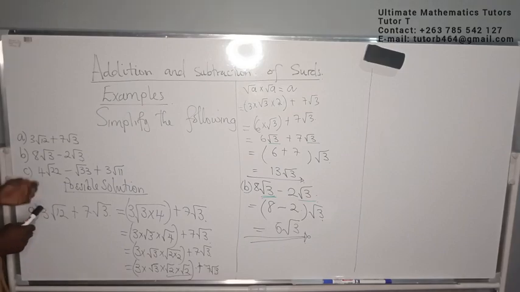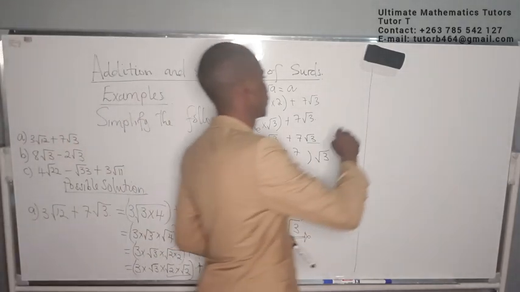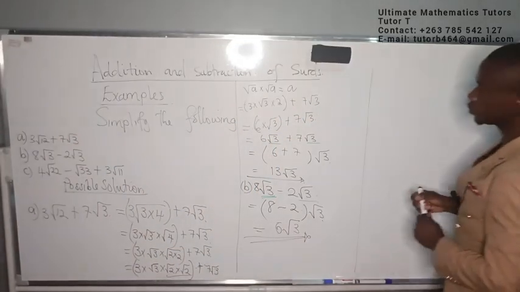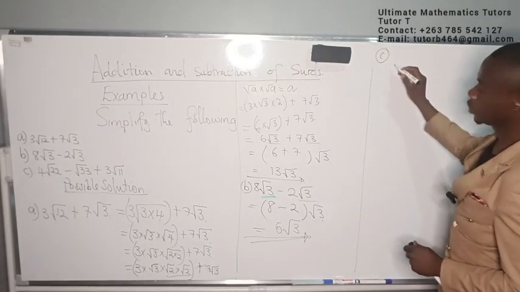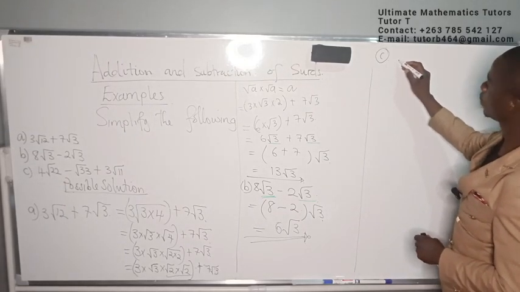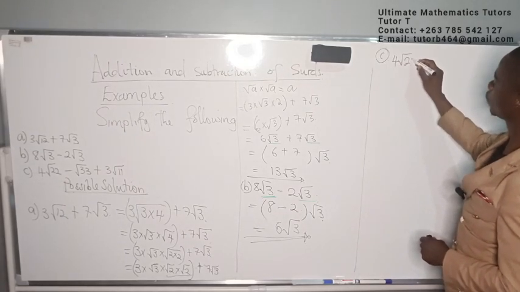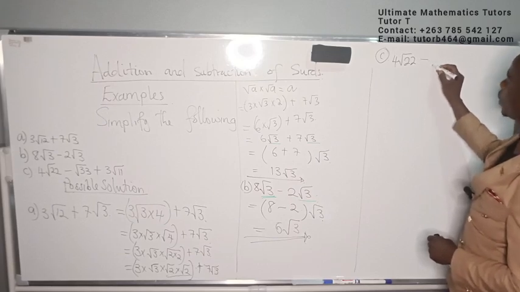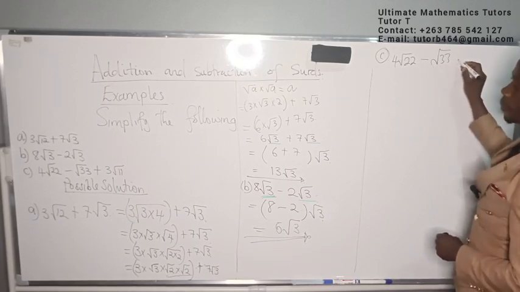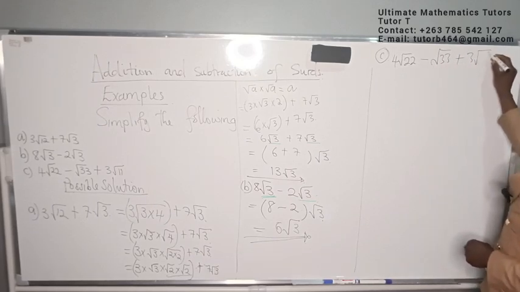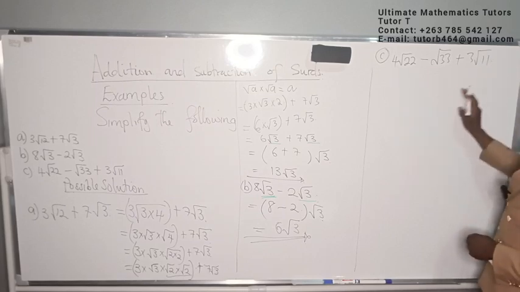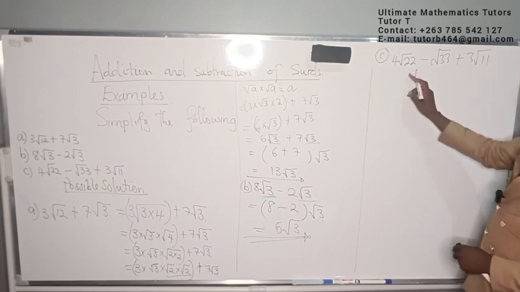Now let us go to part C. You are given 4 root of 22 minus root of 33 plus 3 root of 11. So we need to find the product of what? 22.